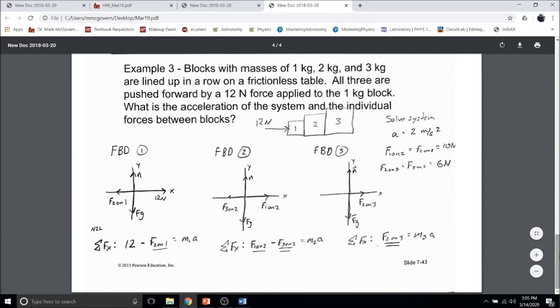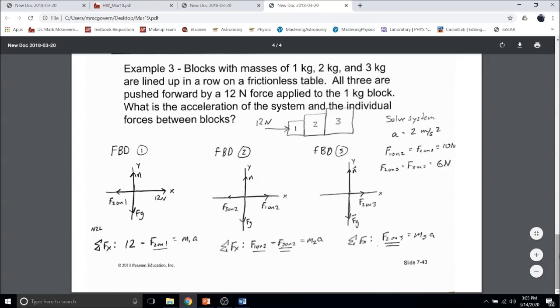Let's move to block 2. Normal force up, gravity down. To the right is the push by block 1 on 2. What pushes back is block 3's response on 2. Again, the force of 1 on 2 must be larger because the entire system accelerates.